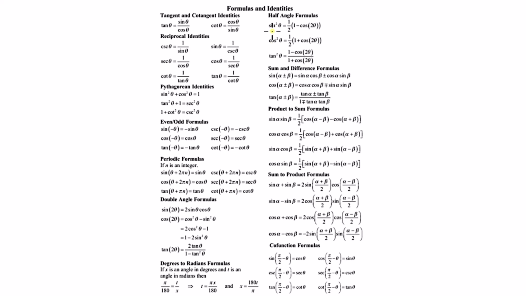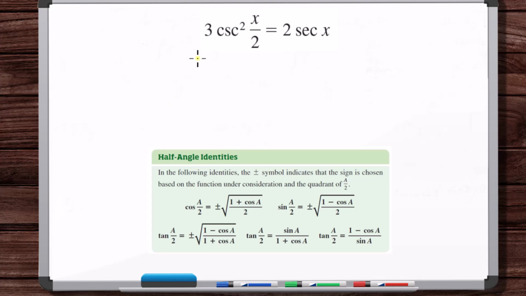Okay, but we know there's other half angle formulas, so let's come to the textbook and grab the half angle formulas. Remember how there's no cosecant here for the half angle formulas, but that's fine, because what's the reciprocal of cosecant? That's sine. So we know cosecant of any angle, and so x divided by 2, that's fine, whatever.